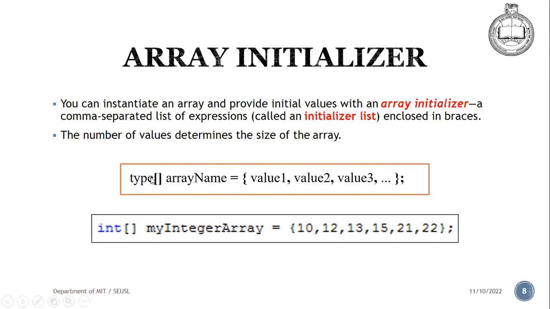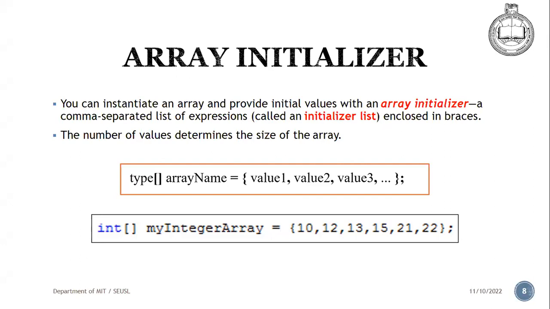Now tell me, what are the steps when we are trying to create an array? First of all, what we will do? Data type. Declare.